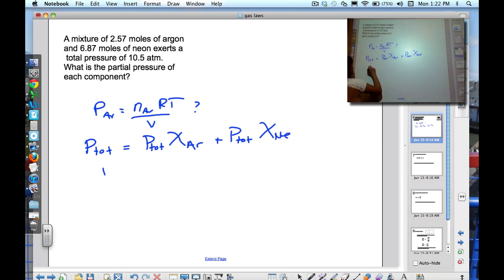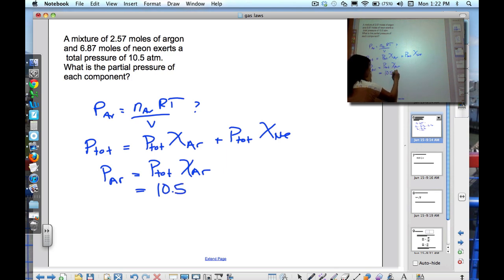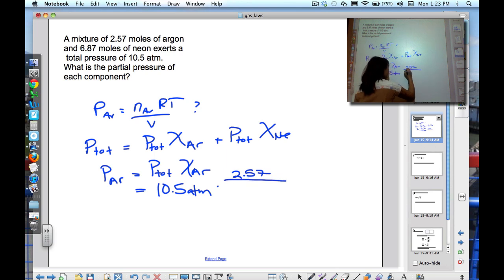So the partial pressure of argon would then be 10.5 atmospheres times 2.57 divided by 2.57 plus 6.87, and that's equal to 0.272 atmospheres?